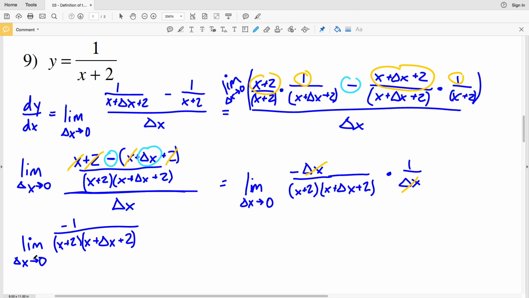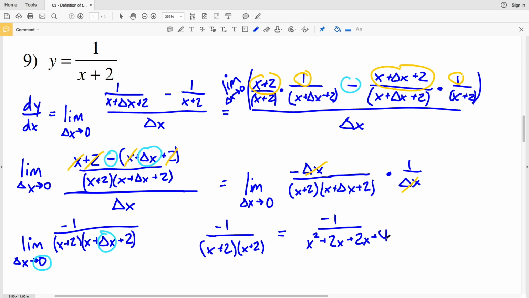And now I can use direct substitution or direct evaluation, plugging 0 in for delta x. So that's going to be negative 1 all over x plus 2 times x plus 2, which, expanding out my denominator, is going to give me negative 1 all over, first, outside, inside, last, x squared plus 2x plus 2x plus 4.